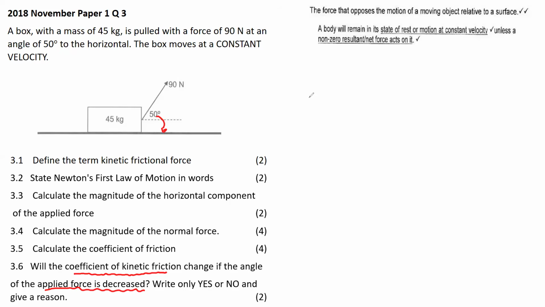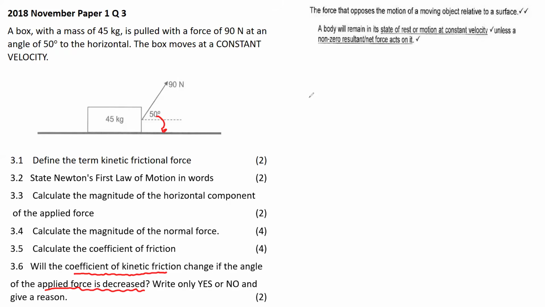Okay, let me give an idea. The coefficient of kinetic friction is dependent on the nature of the surface or the type of material in contact. It's never affected by the angle of the applied force.